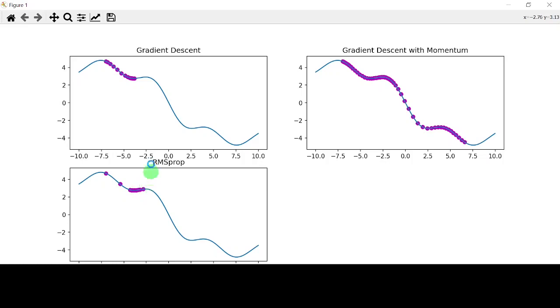Now you could play around with the learning rate, and if you had a higher learning rate, gradient descent would actually jump this entire bit here, and then it would be allowed to get down to this minimum. But I think it's more smooth the way that gradient descent with momentum does it. I don't mean smooth in the mathematical sense. I mean smooth as in it just looks a lot nicer and a lot cleaner as well. So it will settle down to this point 7.5.